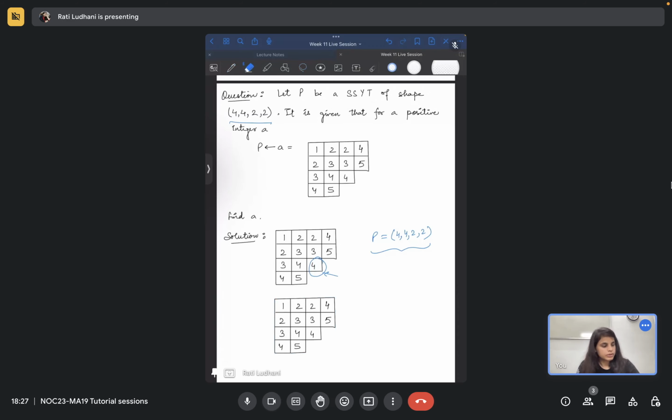So what I'll do, I'll remove this, and now 4 is b. So you are reversing the process of inserting a, right? In the process of inserting a, you are finding some ai such that a is less than ai, right?